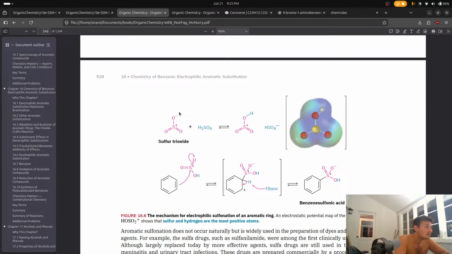Okay. Sulfur trioxide. Okay, and then plus H2SO4 sulfuric acid, and we get this reversible reaction where we protonate.